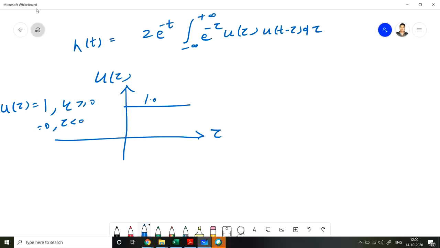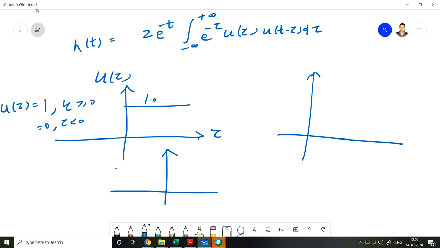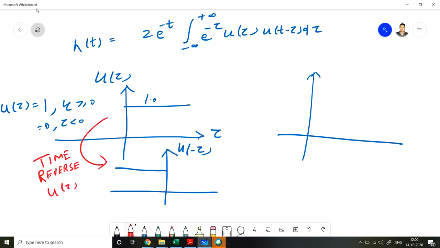Now what is the u(t minus tau) graph? First you draw the u(minus tau) graph. If we time reverse u(tau), then we get u(minus tau). It is nothing but a mirror image, and the reference axis is the y axis.